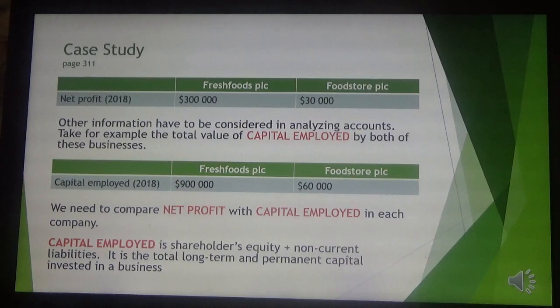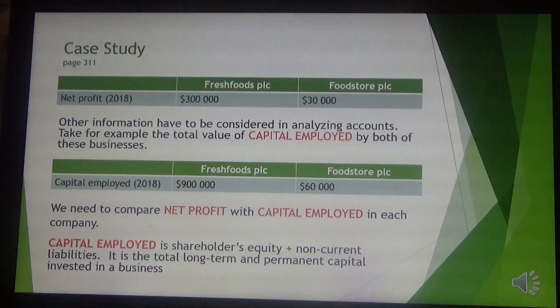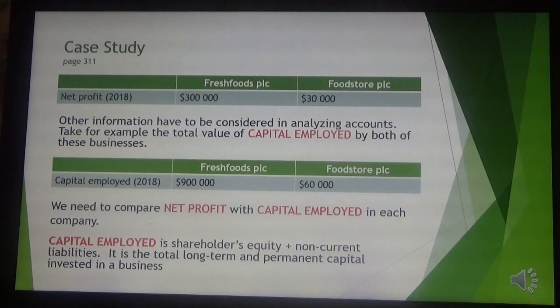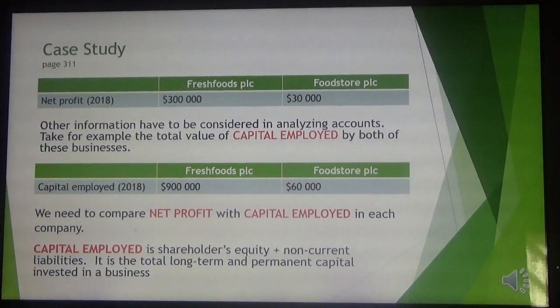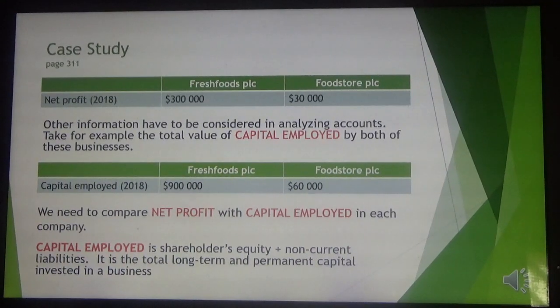Is Fresh Foods PLC much more successful than Food Store PLC? Now, you will see the figures and you may be biased because, as you see, Food Store has a lesser profit displayed on the table. But let us try to go on and see if this information is enough to make our analysis or decision.